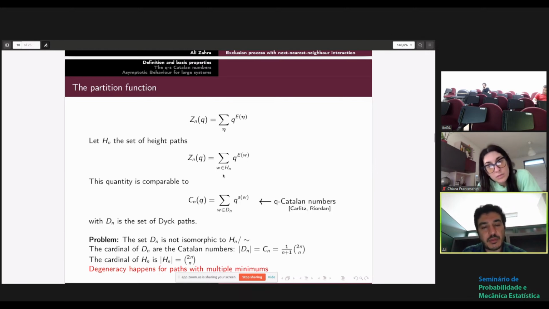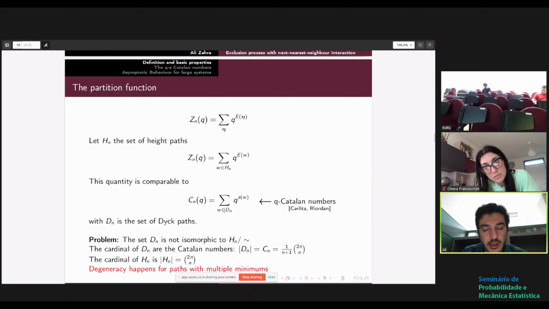Okay, so this quantity looks very similar to another quantity: if you take, instead of the height paths, the Dyck paths, and the energy you replace by the area, then this quantity is known in the combinatorics literature. It is called the q-Catalan numbers, by Carlitz and Riordan, because there are multiple q-analogs of Catalan numbers. This is one of them.